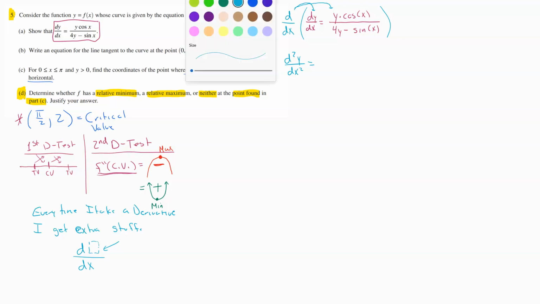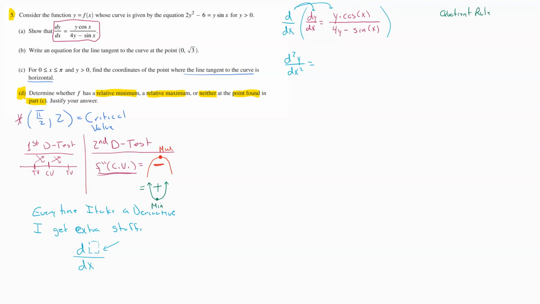What we've got in front of us right now is two chunks being divided, so we need to apply the quotient rule to start with. My saying for the quotient rule is low d high minus high d low, all over the low squared. I would label the top piece the high piece, the bottom piece the low piece, and then break those out into their own bite-sized little math problems.